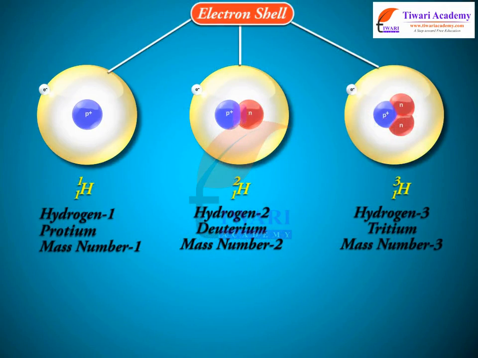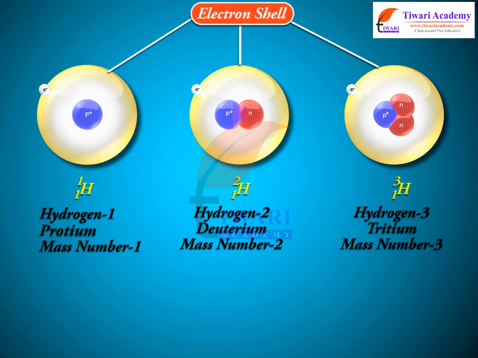Hydrogen has three isotopes. The other two isotopes of hydrogen are called deuterium and tritium. They have the same atomic number, or number of protons, which is the number at the lower left of the element, but different atomic masses, the number at the upper left of the element.